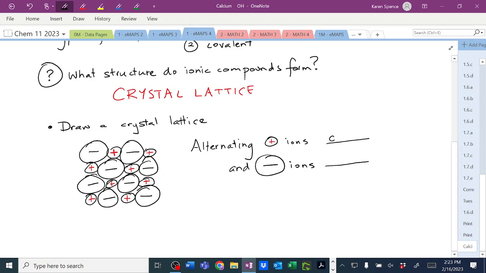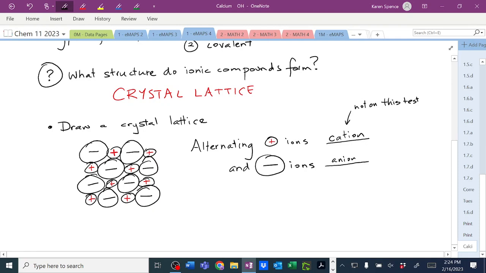Cation and anion, yes. If you have trouble remembering that, now this is not going to be on this upcoming test, okay? But it will come up later, okay? Cation and anion, if you have trouble remembering, what do cats have? They have paws, so cations are positive.